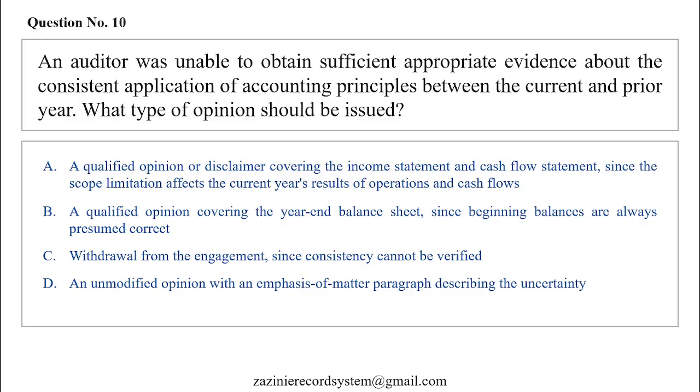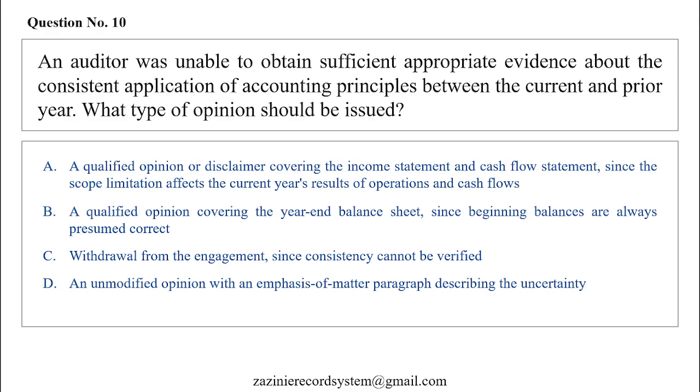Question number 10. An auditor was unable to obtain sufficient appropriate evidence about the consistent application of accounting principles between the current and prior year. What type of opinion should be issued? Letter A. A qualified opinion or disclaimer covering the income statement and cash flow statement, since the scope limitation affects the current year's results of operations and cash flows.